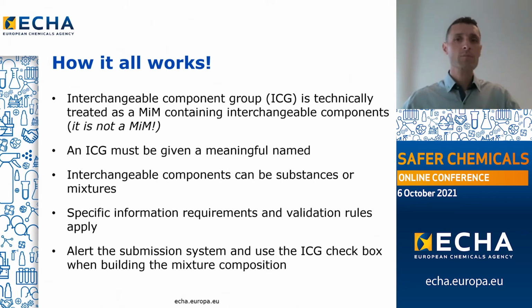The interchangeable components can be either substances or mixture in mixture, and there will be a specific tick box to flag that this component is actually an interchangeable component group. Therefore, specific information requirements and validation rules apply.